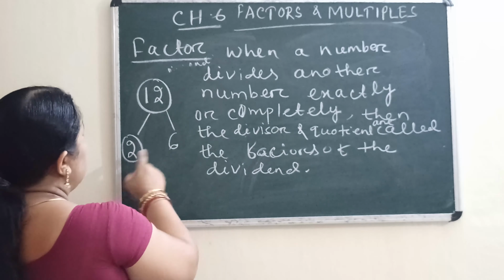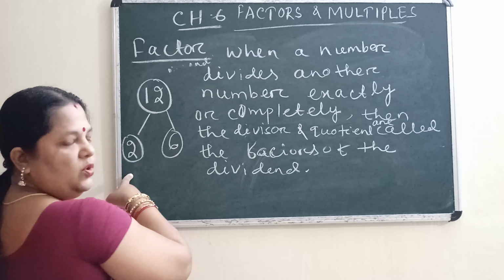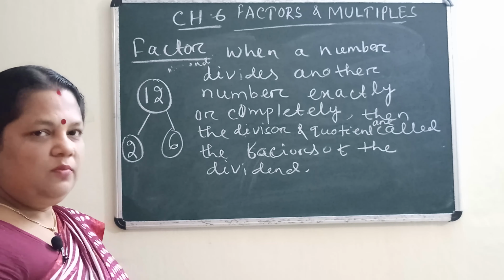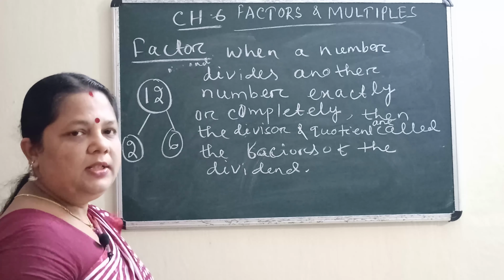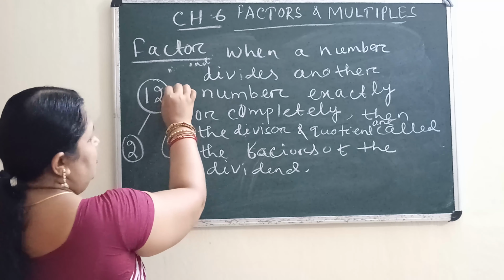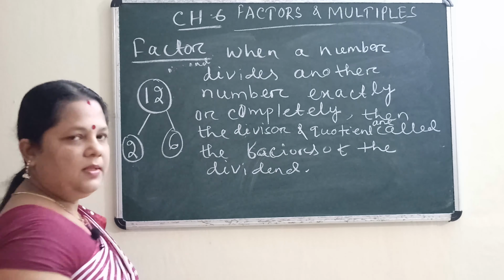Yes or no? So 2 6s are 12. If we divide 12 by 6, we get 2. 6 2s are 12. 2 6s and 6 2s are both the same thing because we get the same product, 12. Okay. So these two are called factors of 12, and 12 is called the multiple of these two factors.